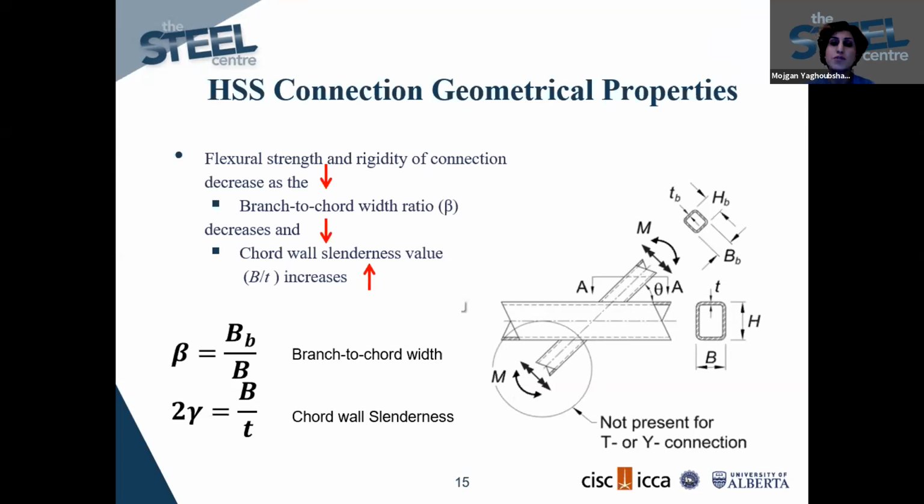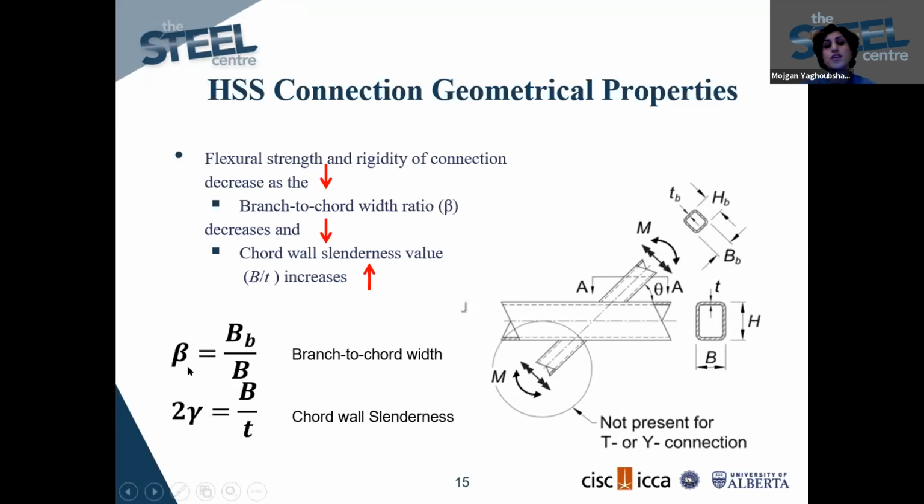So in order to classify and find a method to determine if they are semi-rigid or fully rigid, AISC defines two parameters.